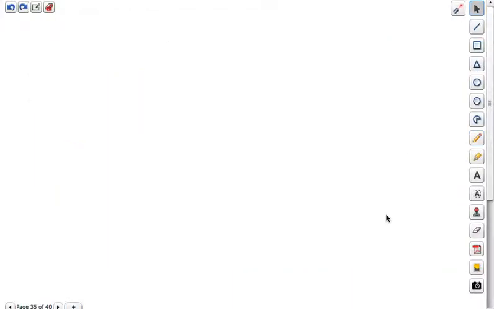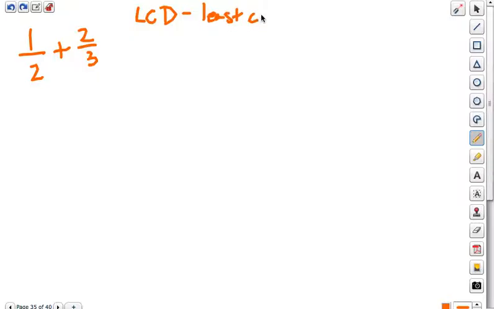So let's look at adding and subtracting fractions with different denominators now. Let's say we have 1/2 plus 2/3. So let's go ahead and use the LCD method, and that is just the least common denominator.